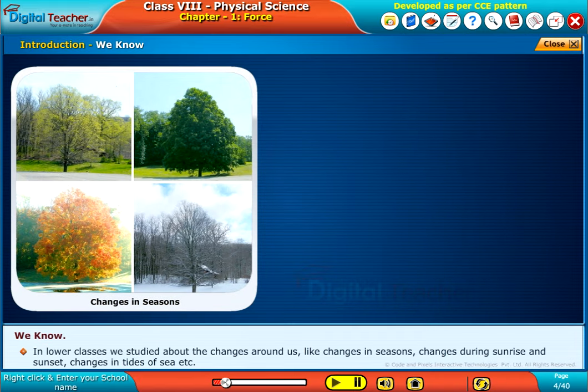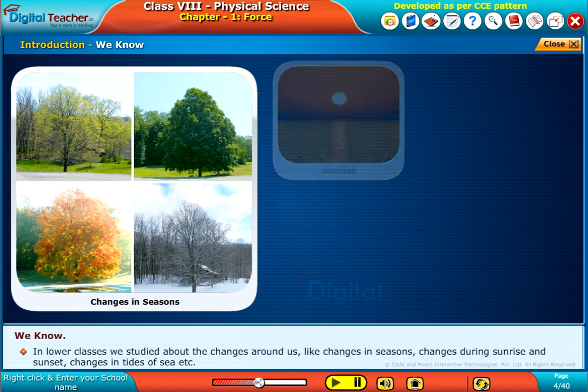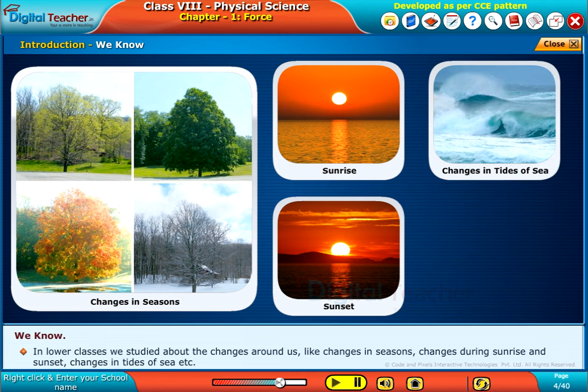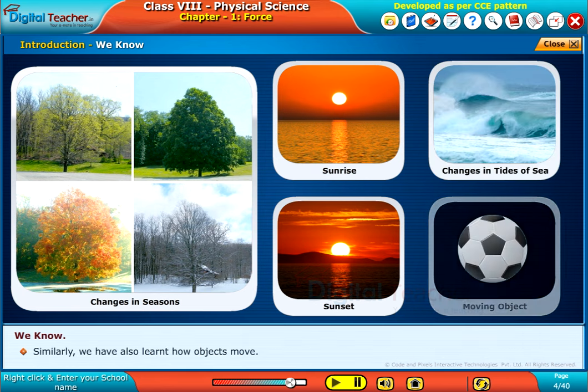In lower classes, we studied about the changes around us, like changes in seasons, changes during sunrise and sunset, changes in tides of sea, etc. Similarly, we have also learned how objects move.